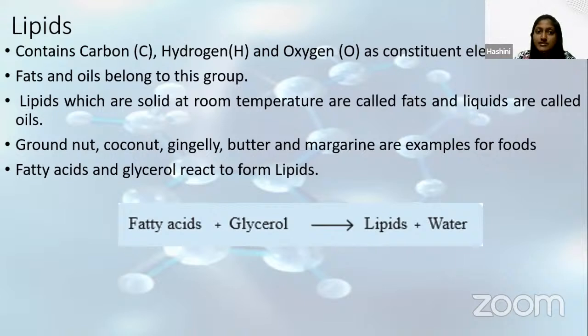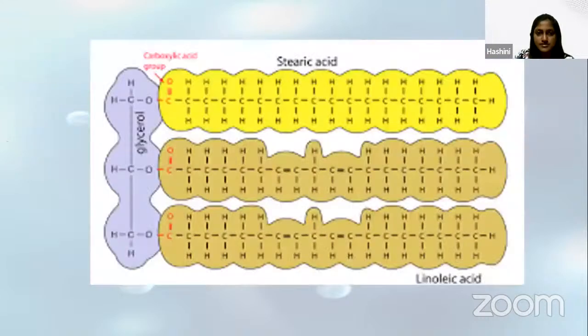But in carbohydrates, hydrogen and oxygen are present in a 2:1 ratio, whereas in lipids oxygen is much less, so the 2:1 ratio is not present. But the elemental constitution is the same: carbon, hydrogen, and oxygen. This is the structure of the lipid molecule.